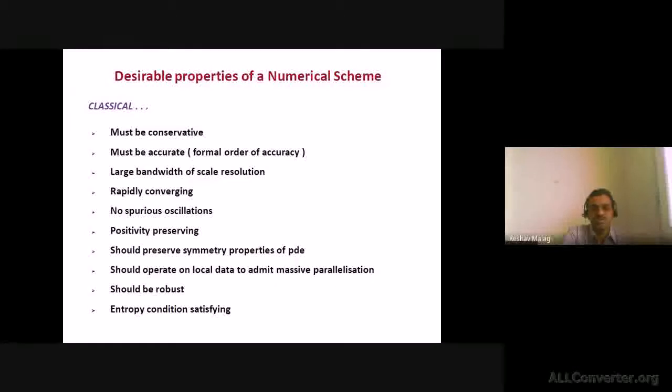Whatever you filter out should not really matter to the solution. Whatever you capture should be a very large bandwidth so that you leave out very little. So your bandwidth should include small scale to large scale. That is what it means by large bandwidth.